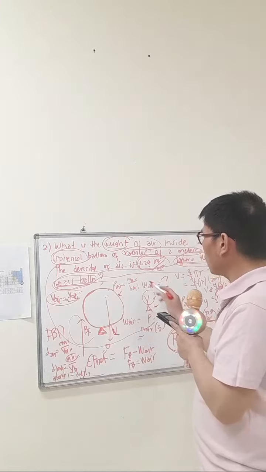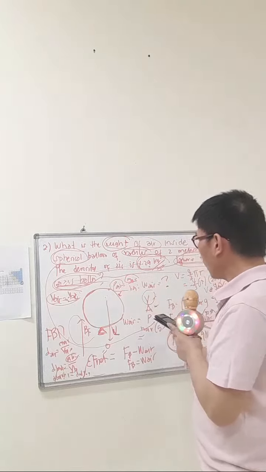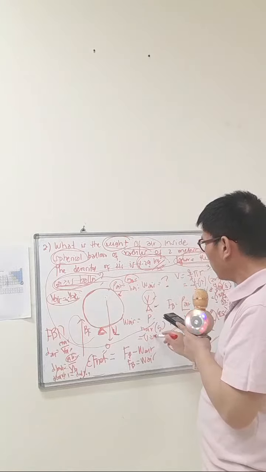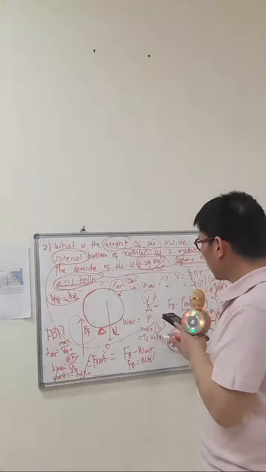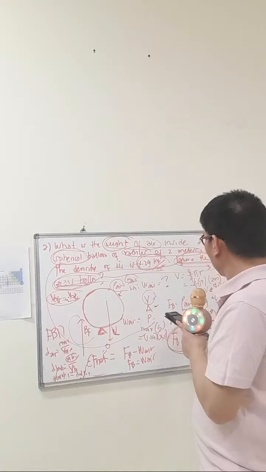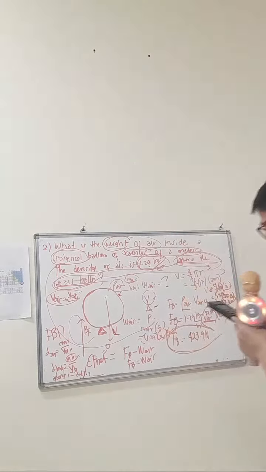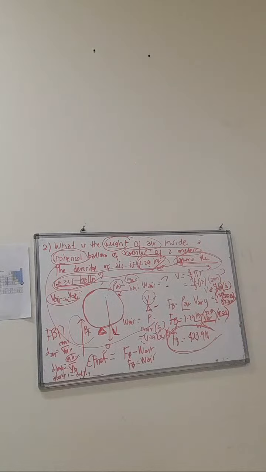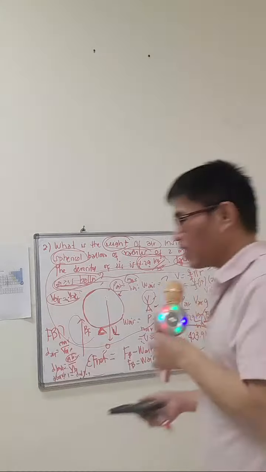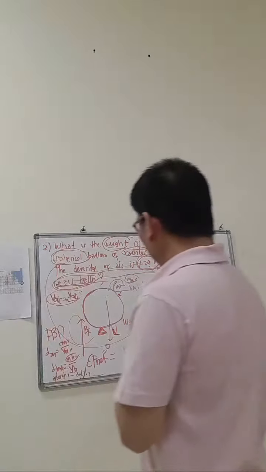So the mass of air is density of air, 1.29, times volume, 33.50, then times the acceleration, 9.81. Is it equal? If it is equal, then perfect. Our answer is correct. No doubt about it. Yes, perfect, 423 really.